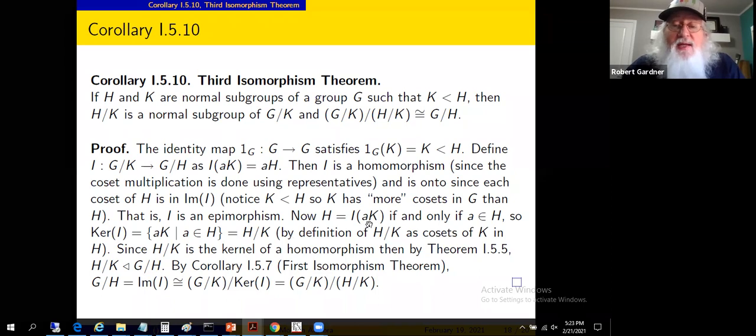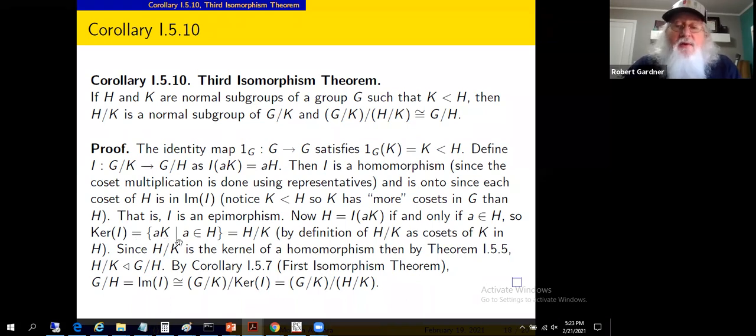We'd want things mapped to H. So these cosets under I would be mapped to H if A is in H. The domain of I is cosets of this form. So this is what we would get for the kernel.